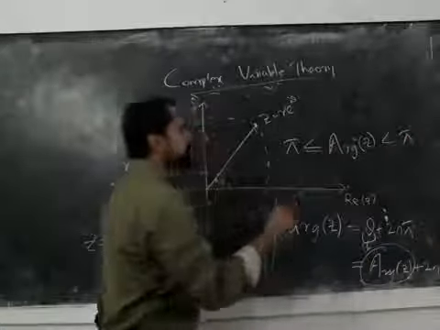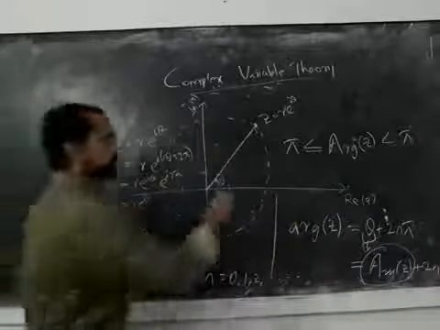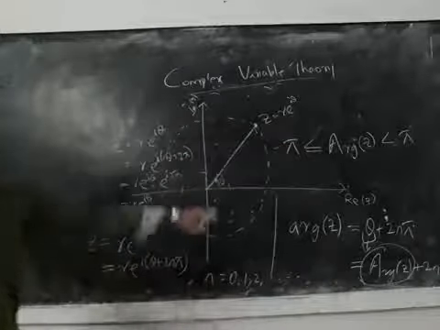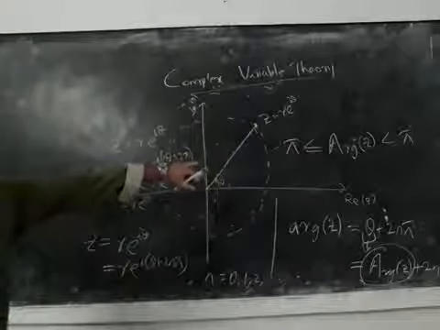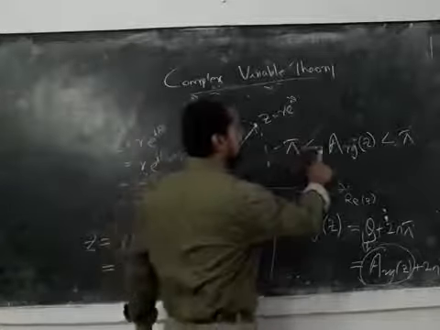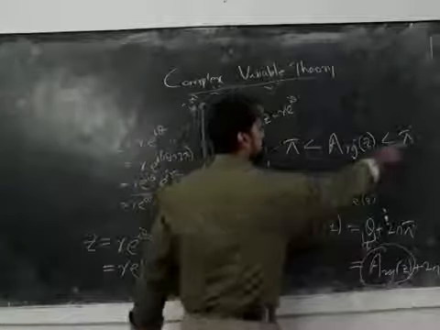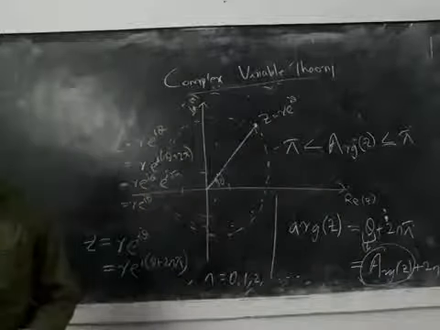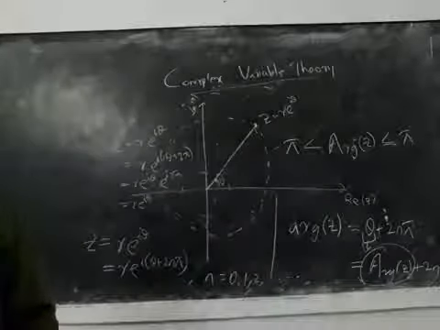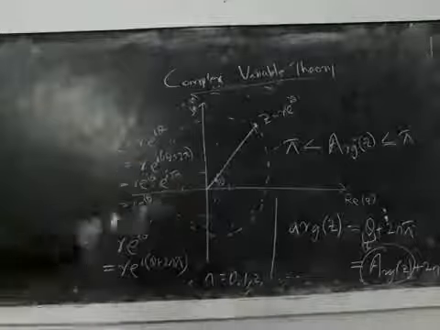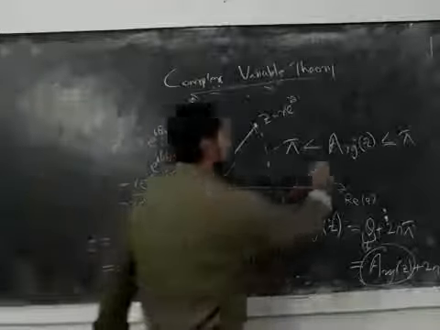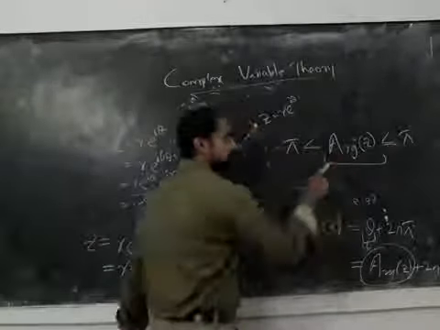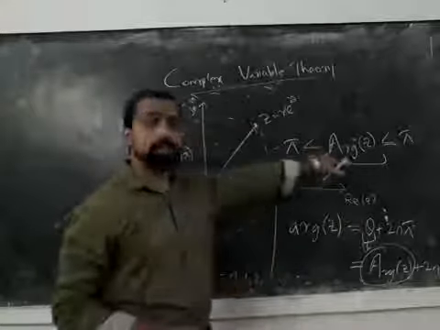This argument of z, the principal value, is always greater than minus pi and less than or equal to pi. You have to keep that in mind, and make sure that this is the principal value.